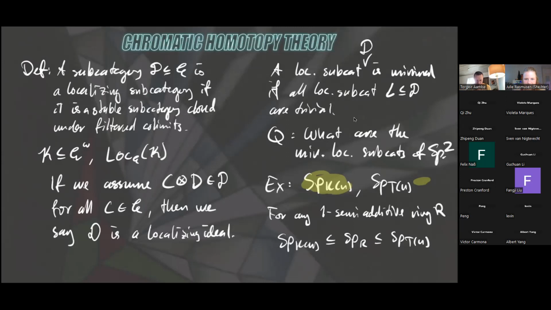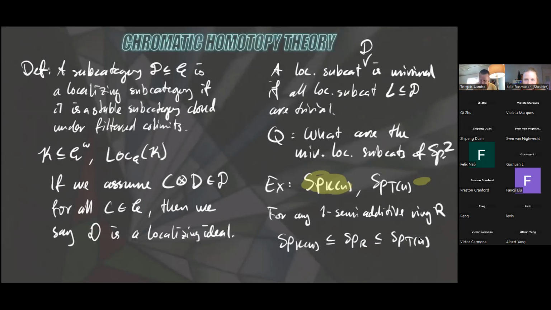So as it is said in chat, they're localizing, but only one is minimal, right? They're all localizing subcategories, with the K-n local spectra being the minimal one. Yes. But yeah, there's something I'm missing as well.